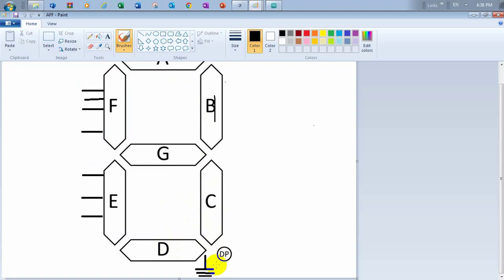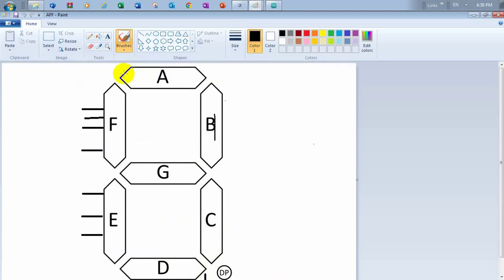And for the anode side of each segment, each LED is linked to each leg. So each leg links to the anode of one of these segments.